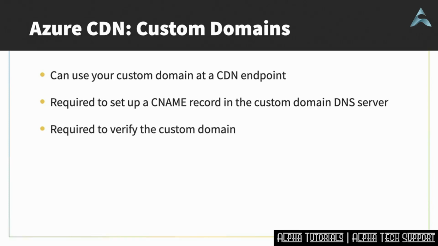This will create a certificate for you. You don't need to bring your own certificate for this. And it's built in, so there's no added cost because of that. And you can protect this using HTTPS and a custom domain, while using Azure CDN to distribute your content. So very useful, very easy to do.